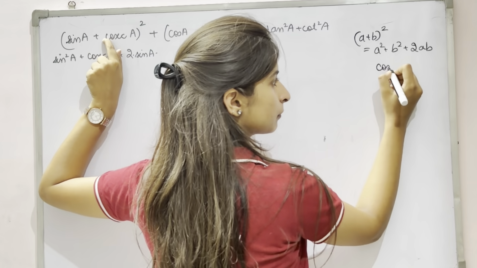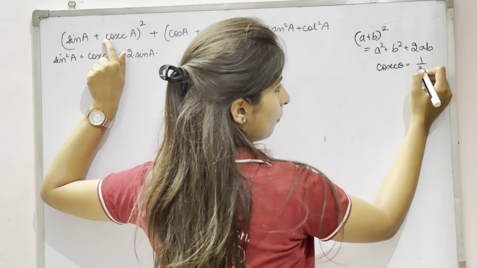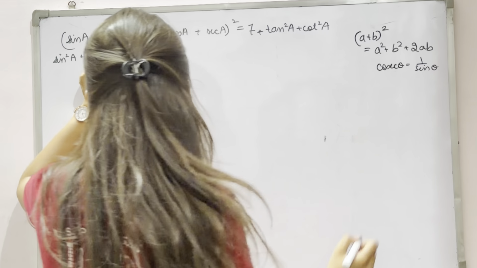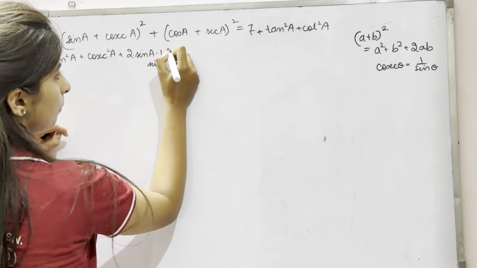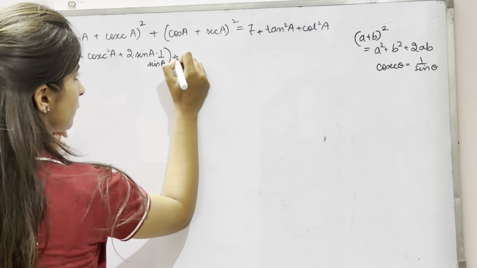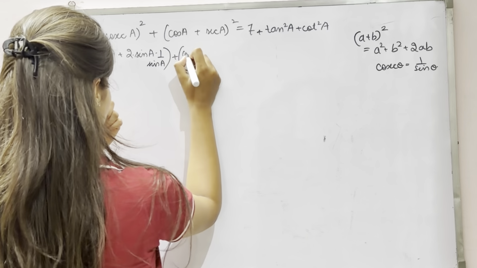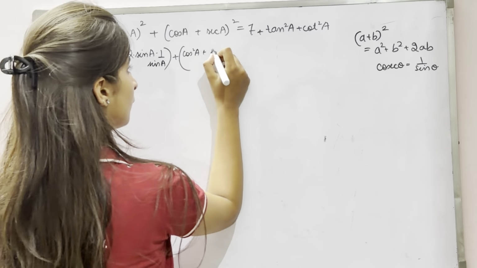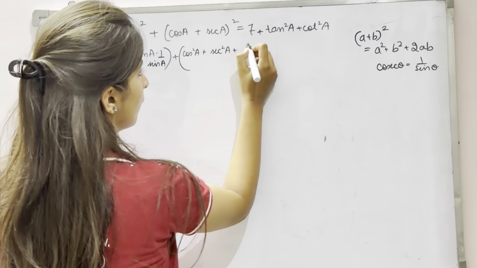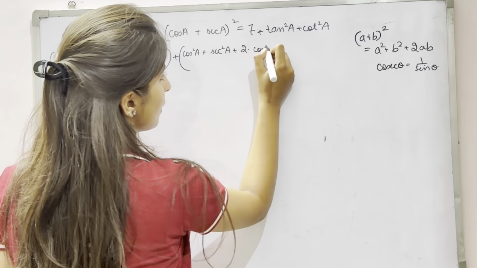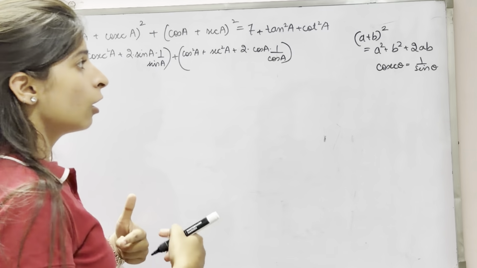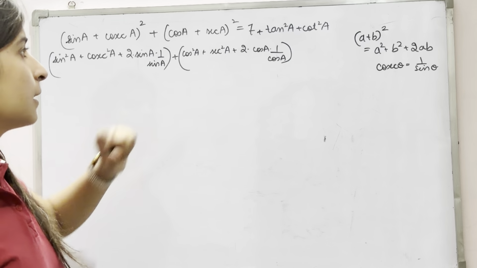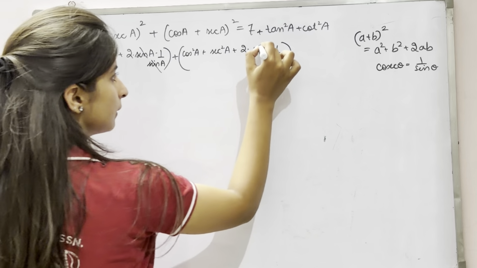Cosecant theta is 1 upon sine theta, so I can write cosecant a as 1 upon sine a. Plus, a plus b whole square: cos square a, secant square a, 2 times cos a, and similarly this is also 1 upon cos a. C and S are opposite. 1 upon cos a is secant a. This and this get cancelled.